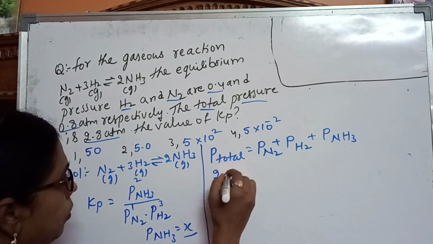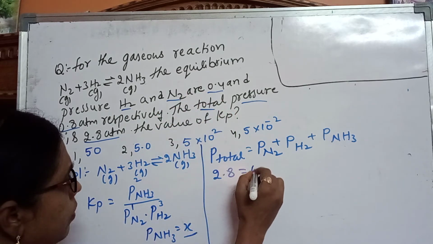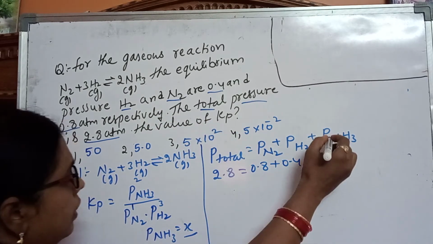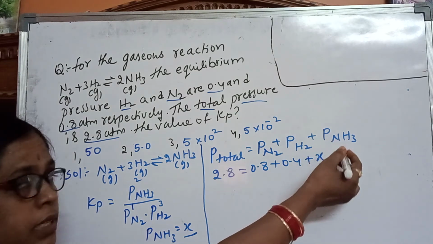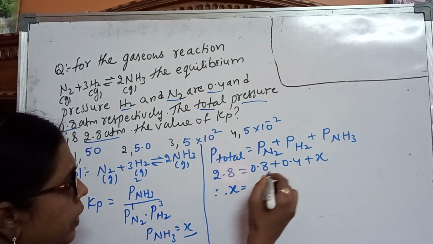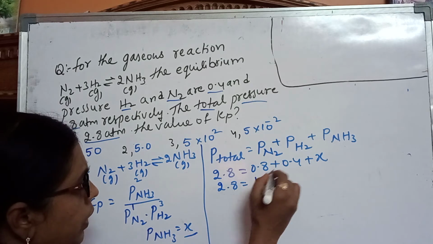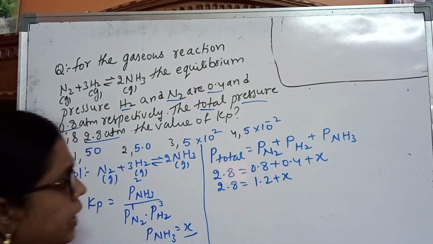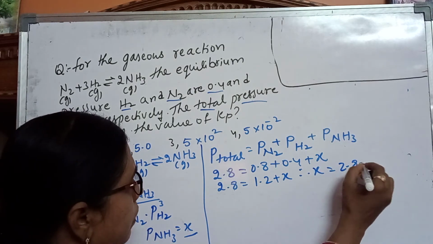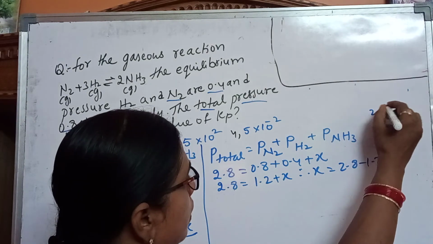So 2.8 is equal to the partial pressure of nitrogen, 0.8, plus hydrogen, 0.4, plus the unknown, the partial pressure of ammonia, that is X. So 2.8 is equal to 1.2 plus X. Therefore X is equal to 2.8 minus 1.2, which is 1.6.